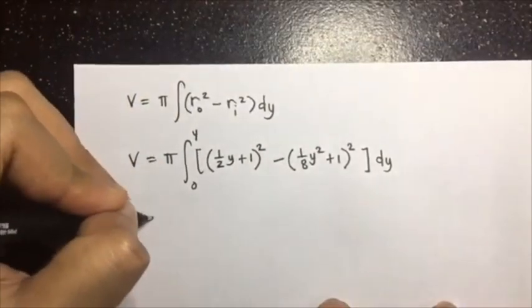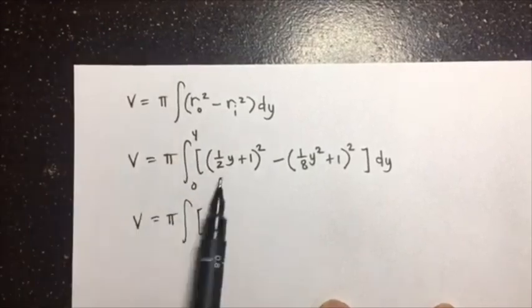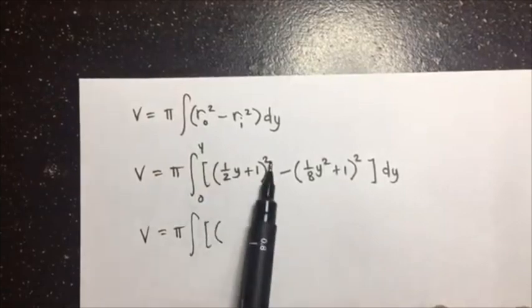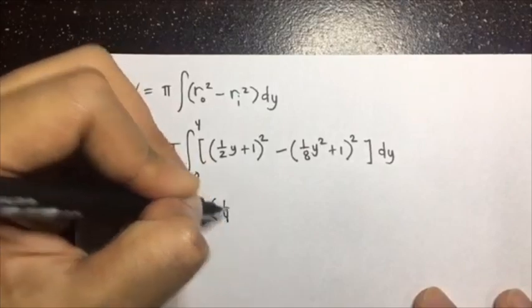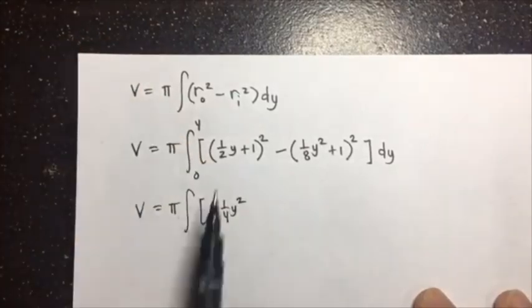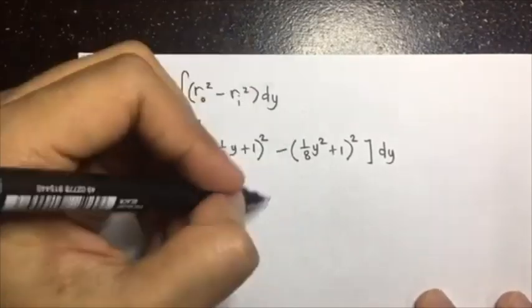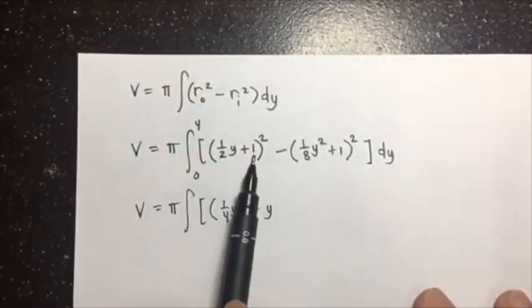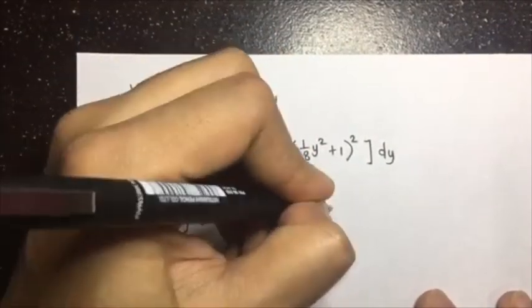So we'll have V equals pi integral of, expanding this using our knowledge of special products. So the square of a binomial: first term squared, so we'll have 1/4 y squared, plus 2 times the first term times the second term, so 2 times 1/2 y times 1, so we will have plus y, and then the second term squared, so plus 1, minus.